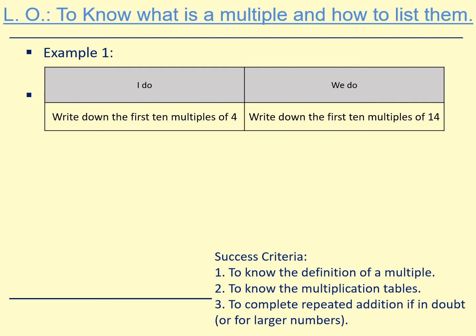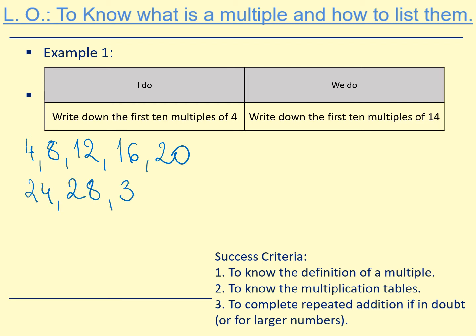So 4 times 1 is 4, 4 times 2 is 8, and so on: 12, 16, 20, 24, 28, 32, 36, and 40. So now I've listed the first 10 multiples of 4. Now pause the video and have a go at We Do.